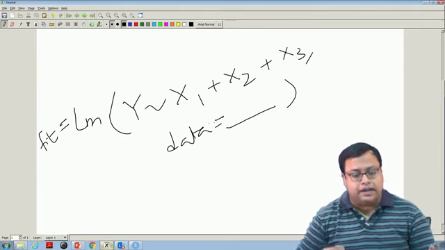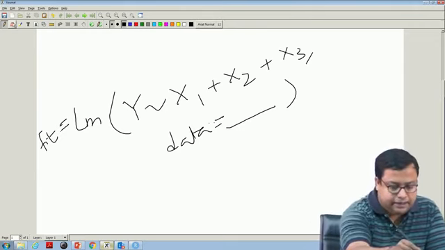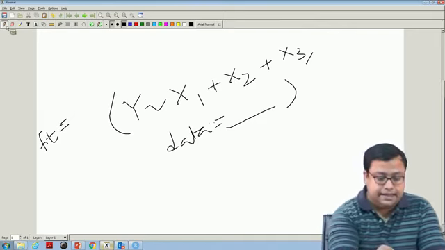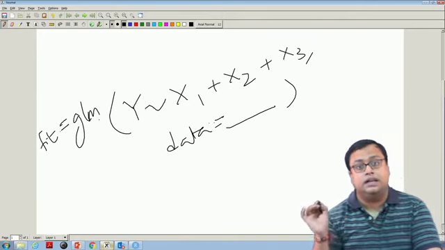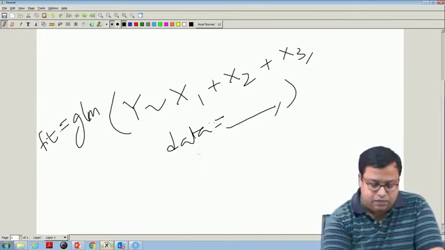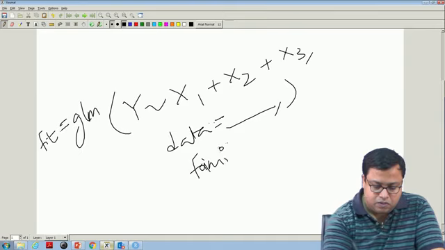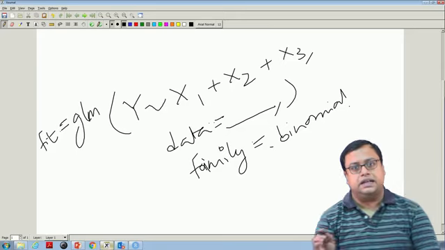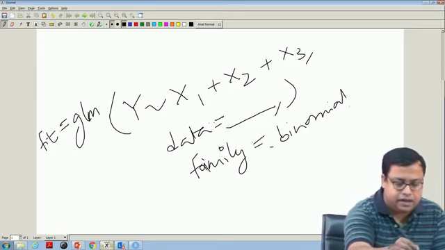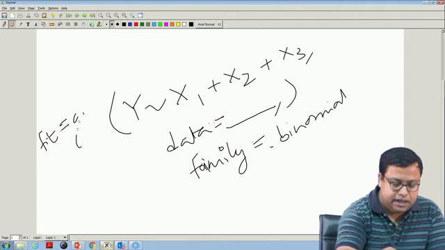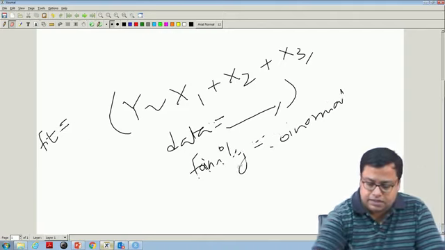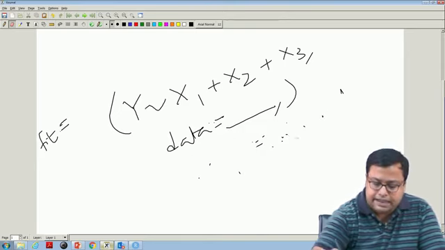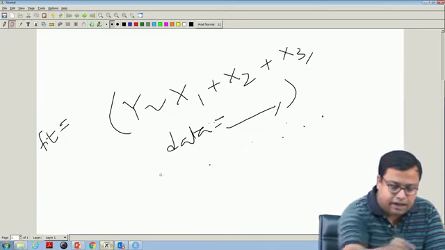The moment I converted it to, let us say, logistic regression, it became glm. That is the only difference that we had, and along with that I wrote family is equal to binomial or something like that. So, that is what extra I had written when it is logistic regression. Here instead of this, and probably this part is also not there, I am writing clogit. That is the only difference.